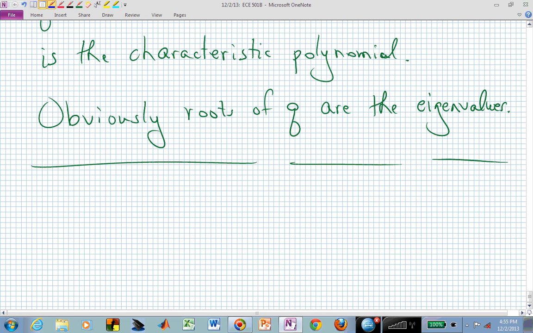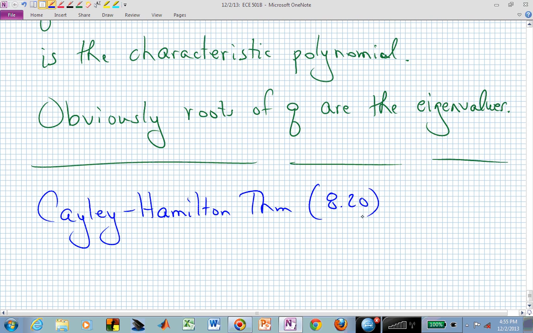That polynomial is unique to each matrix that you might be given. That then suggests the following theorem, which is called the Cayley-Hamilton theorem, which is theorem 20 in chapter 8.